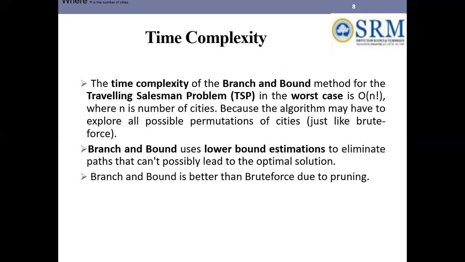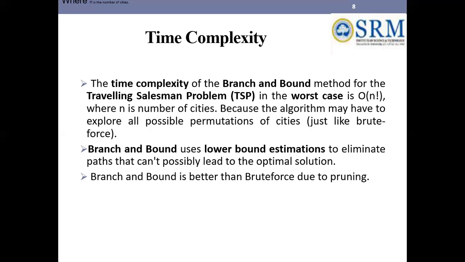And what's the time complexity of branch and bound for solving the traveling salesman problem in the worst case? Order of n factorial. This is like brute force. We are checking all the possibilities, where n is the number of cities, because the algorithm may have to explore all possible permutations of cities.